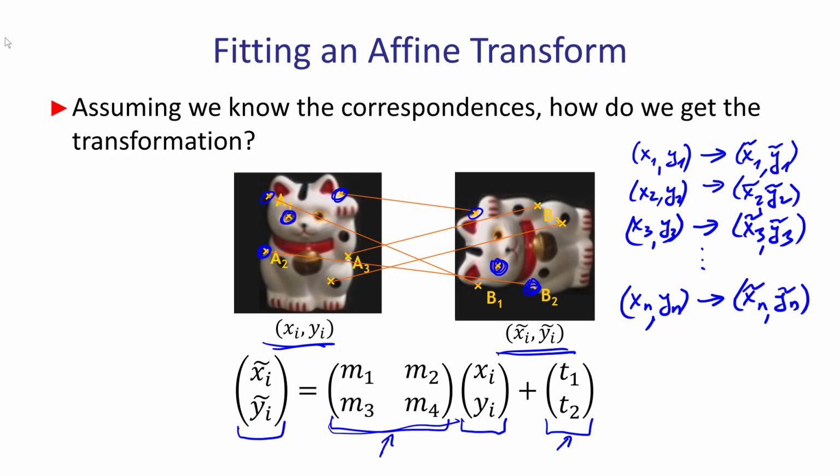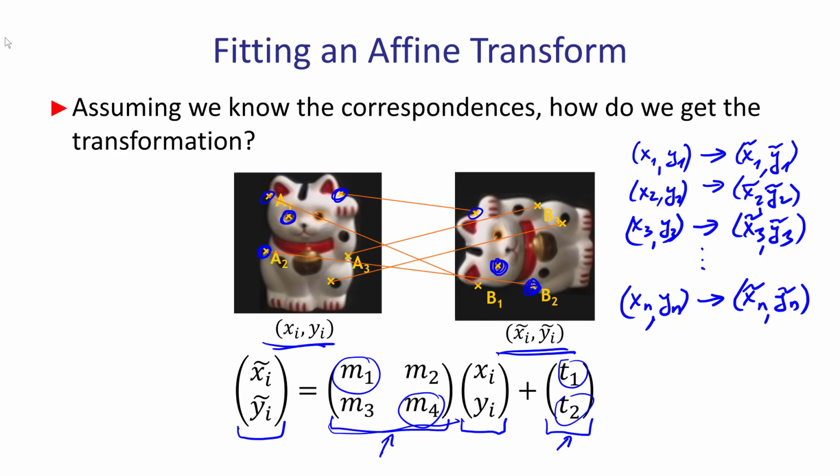First question is how many points minimum we need to find 6 parameters, because clearly here you have m1 to m4 and t1, t2 to find. So how many equations you need to find 6 parameters?